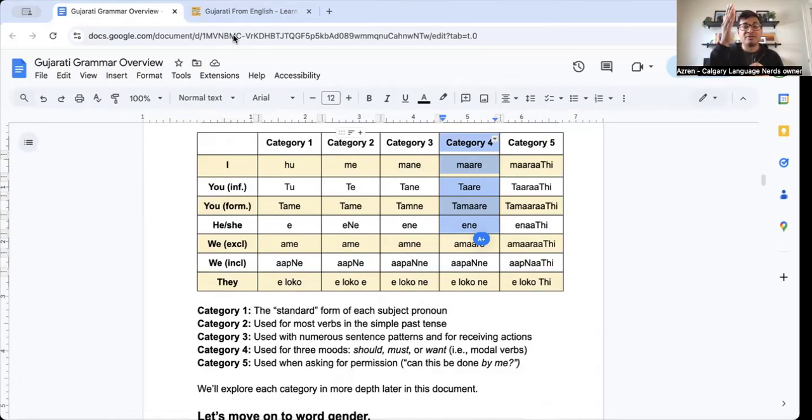Categories 1, 2, 3, and 4 are by far the most important. Category 5 is pretty much used when asking for permission. As I said earlier, this is just a general overview. There are some nuances to everything I'm sharing that we're just not covering today. We're just taking a high-level global look at what Gujarati grammar looks like as a whole.